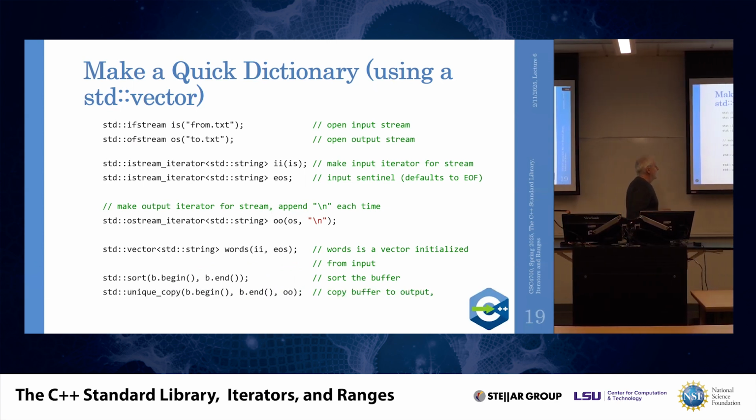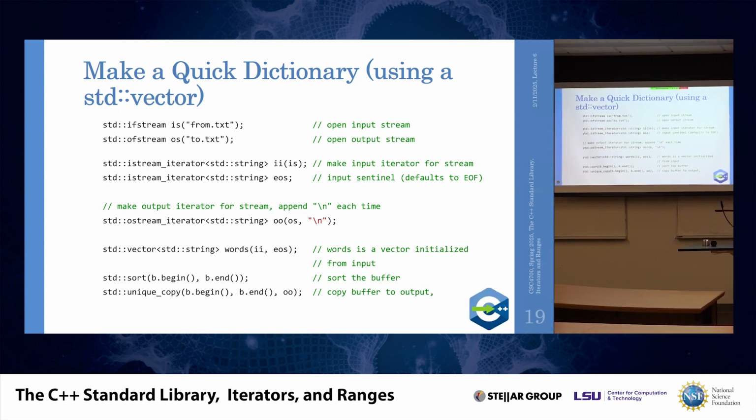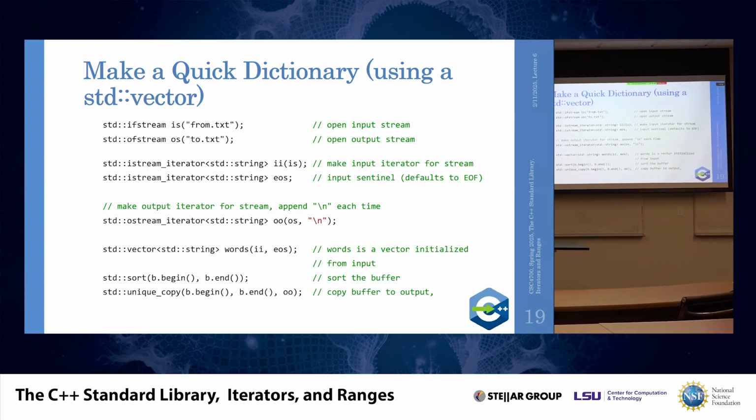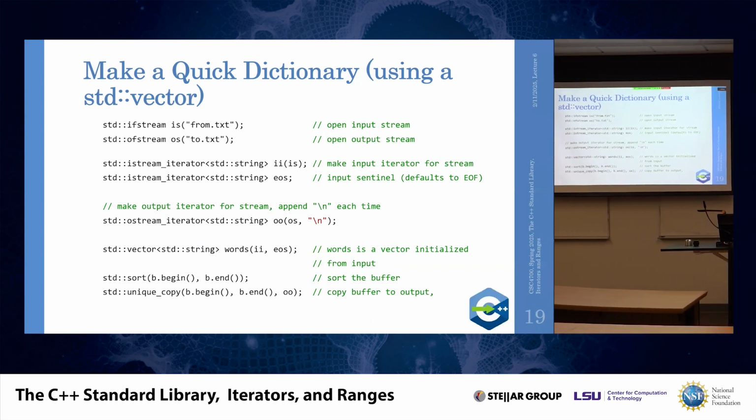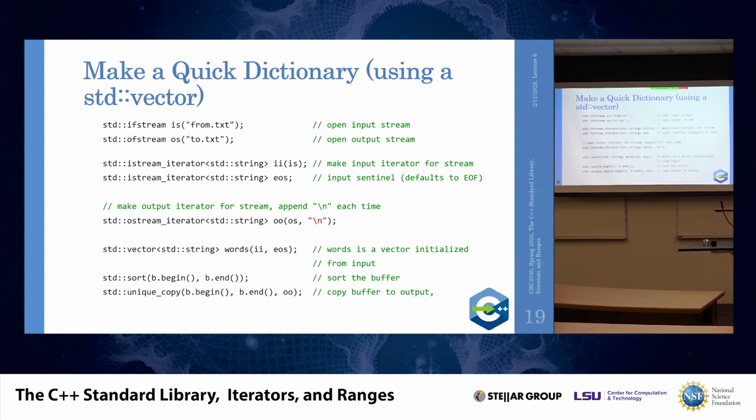And then we use an algorithm called unique_copy, which is exactly what you think it is. It's very similar to the unique algorithm we already talked about. It will reorder elements in a way that only the unique elements will be considered. And instead of doing that in place, like the unique algorithm we had already in the lectures, it will copy the result to the iterator given to it, which in this case is our ostream iterator.